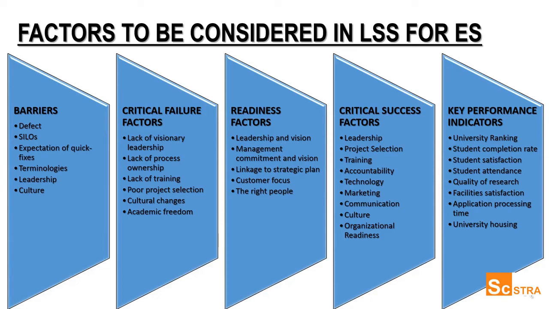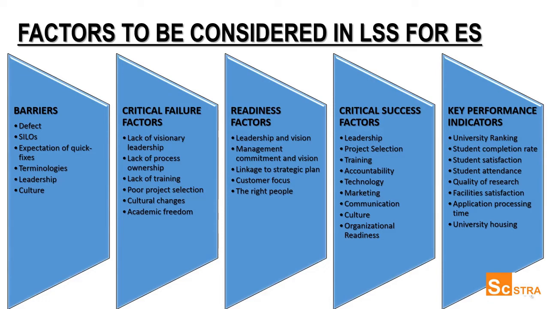For critical failure factors, those are lack of visionary leadership, lack of process ownership, lack of training, poor project selection, cultural changes, academic freedom. For the readiness factors: leadership and vision, management commitment and vision, linkage to strategic plan, customer focus, and the right people.